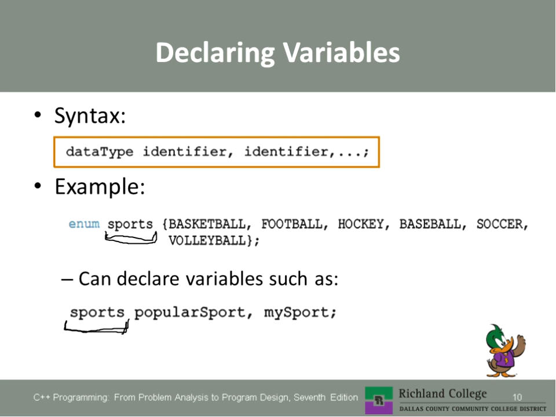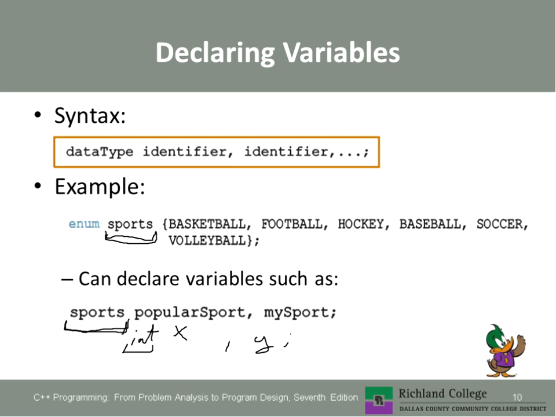Sport is the data type. And then you have, think about it like, X, and then you have Y, and end of the statement. So you could have said integer X comma Y, where integer is the data type. But now sports is the data type. And you have many different sports, popular sports and my sports.